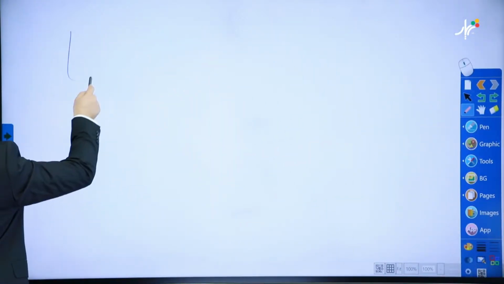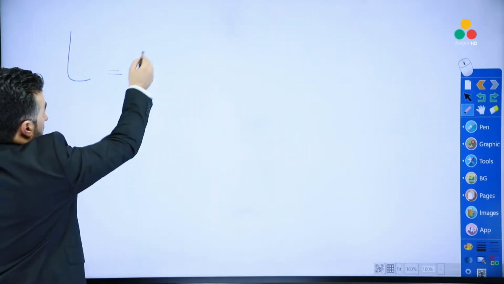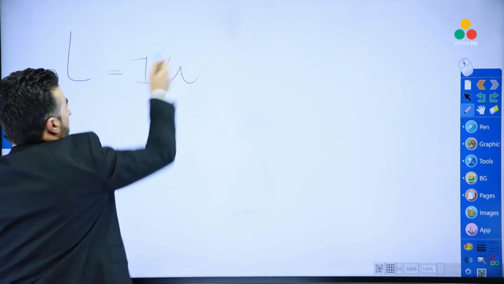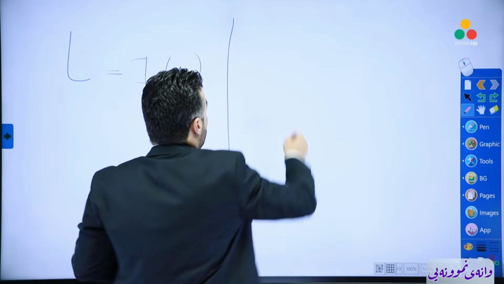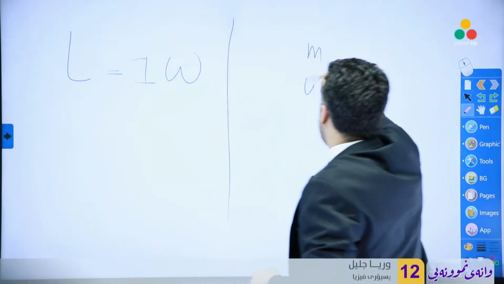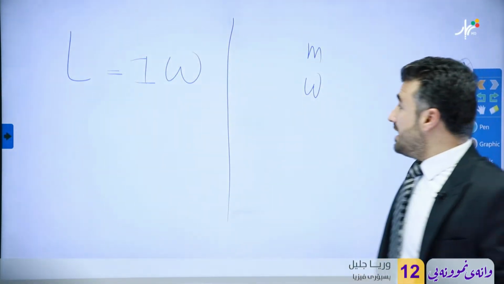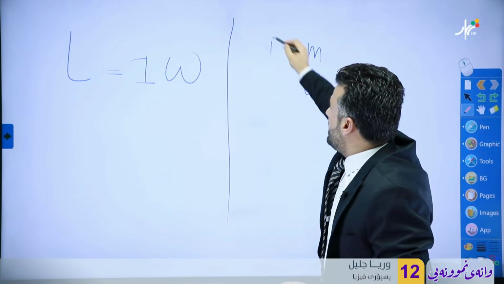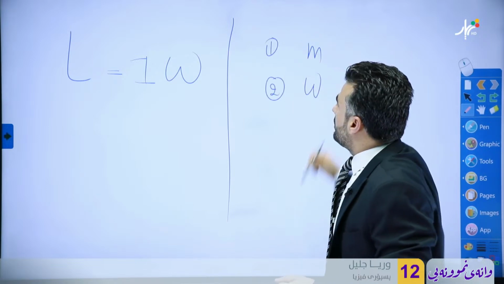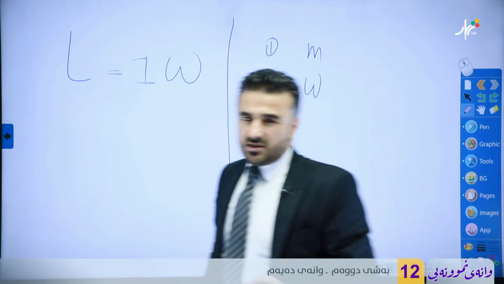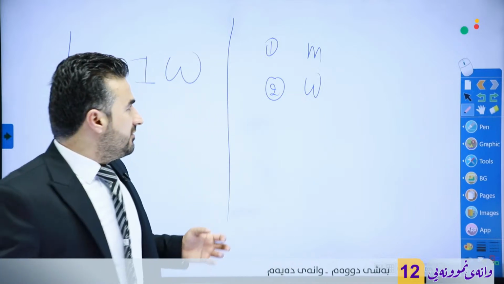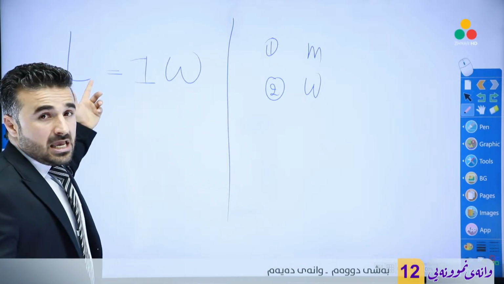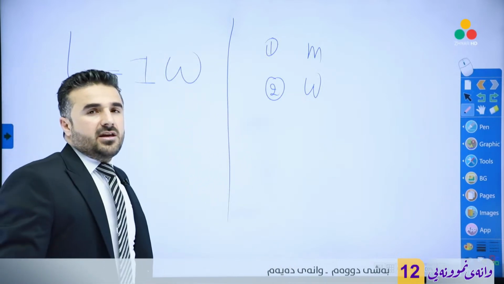Take a look here. Angular momentum equals moment of inertia multiplied by angular speed. So when these two objects have the same mass and angular speed, is it possible for them to have a different angular momentum? The answer is yes.